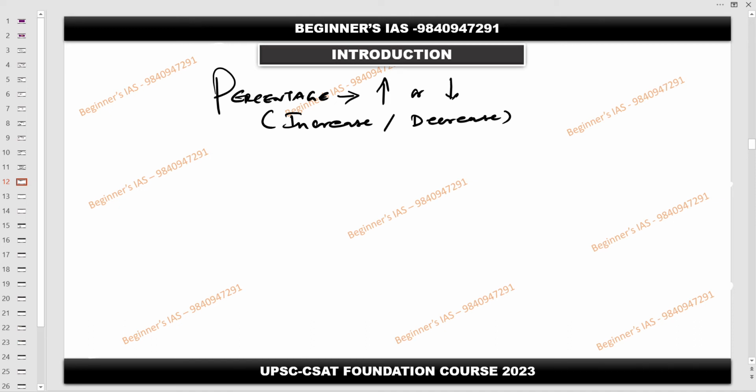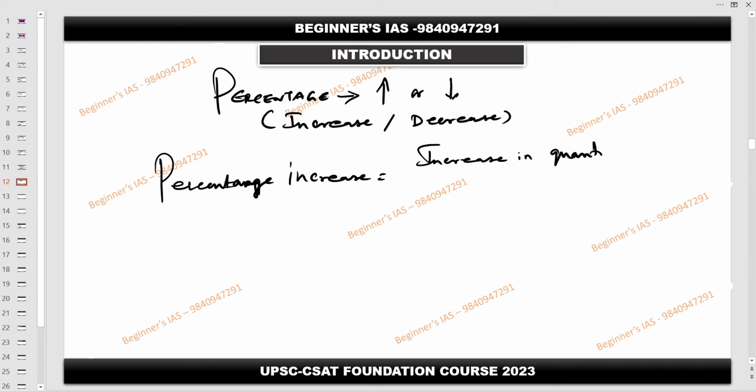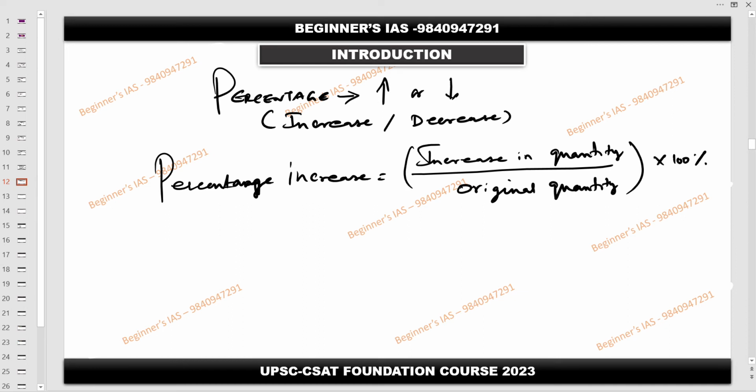If the question is dealing with how much percentage increase, then the percentage increase is equal to the increase in the quantity divided by the original quantity, into 100 percentage.